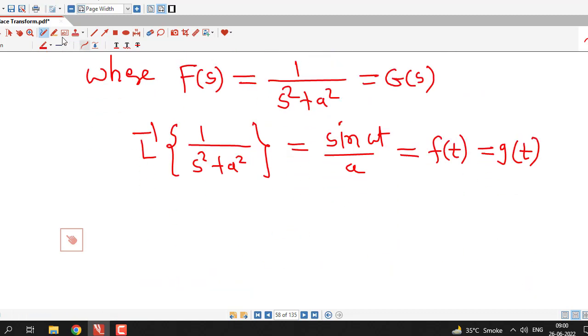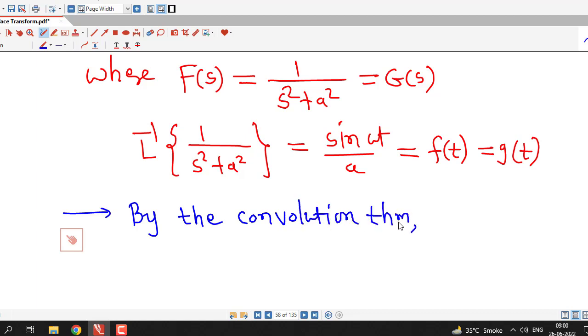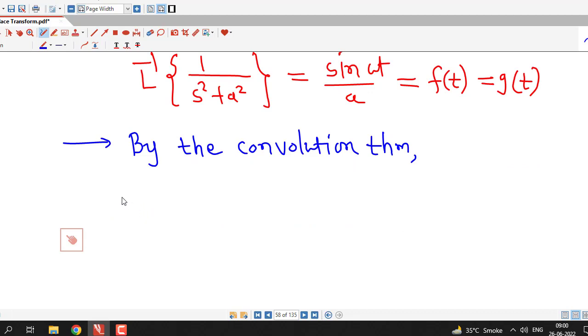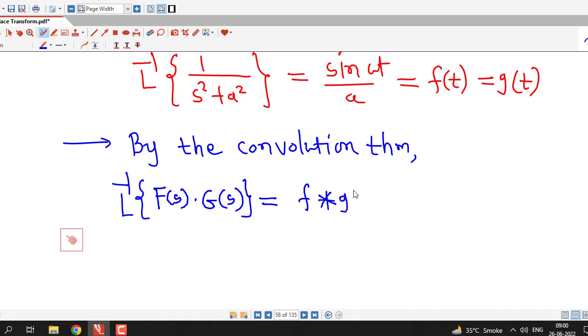Now we apply the convolution theorem for the inverse Laplace transform. By the convolution theorem, the inverse Laplace transform of capital F of s into capital G of s is equal to the convolution of small f and small g.